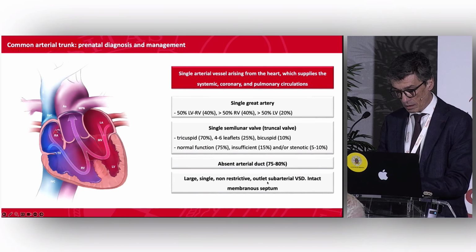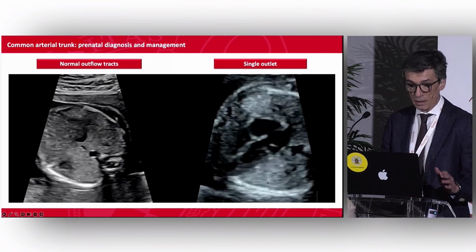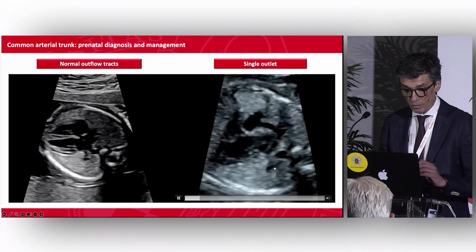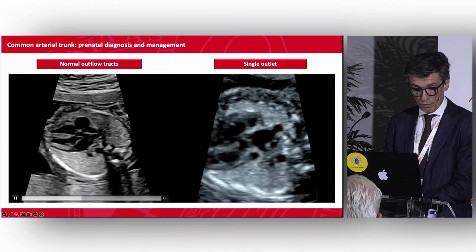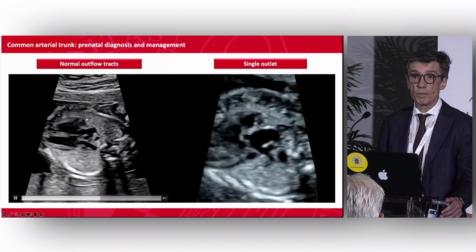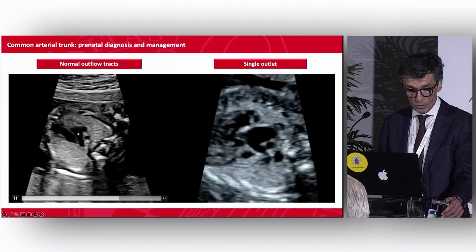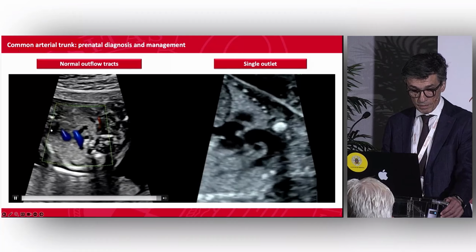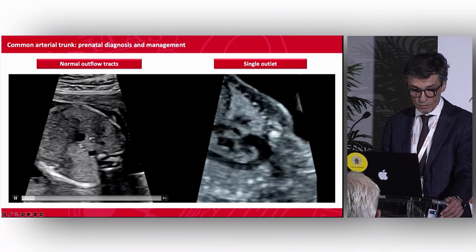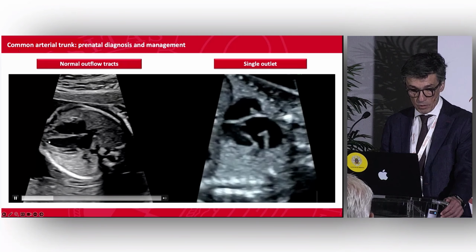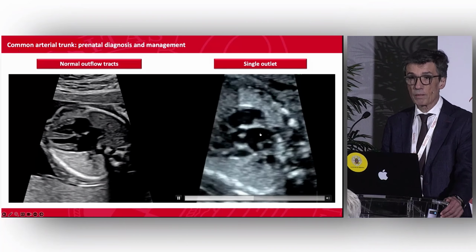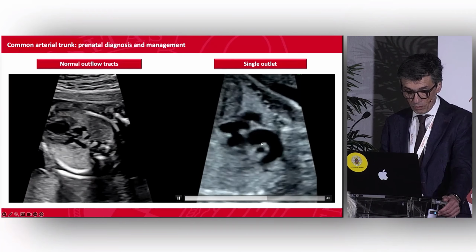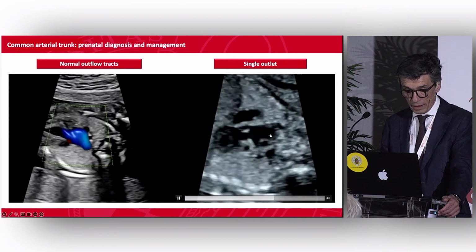So with these characteristics, it's easy to understand that it's very easy to differentiate this heart on the right side with a common arterial trunk from the heart on the left side that is completely normal. Instead of having 2 equally sized great vessels that cross, the pulmonary artery emerging from the right ventricle and the aorta emerging from the left ventricle, we have only one single large vessel from which emerge the pulmonary trunk and then the aorta.